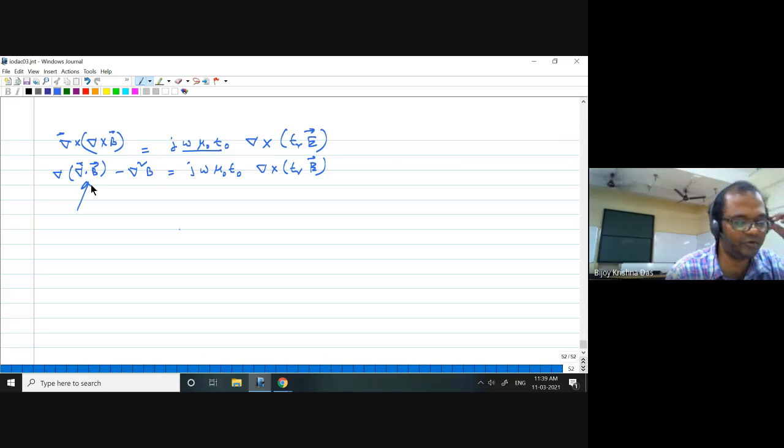That's why it is safe to write divergence B equal to 0. For very special applications, sometimes people consider some value there, but all this type of thing we are avoiding here. We know that divergence B equals 0.